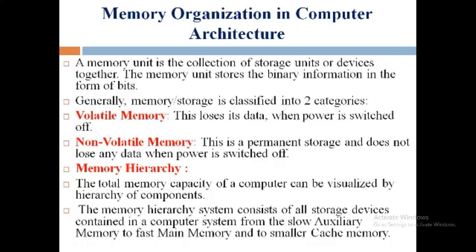Then memory hierarchy. The total memory capacity of a computer can be visualized by a hierarchy of components. The memory hierarchy system consists of all storage devices contained in a computer system, from the slow auxiliary memory to fast main memory and to smaller cache memory.